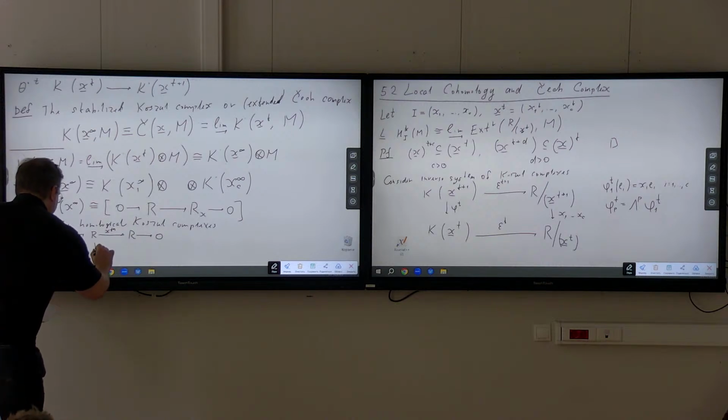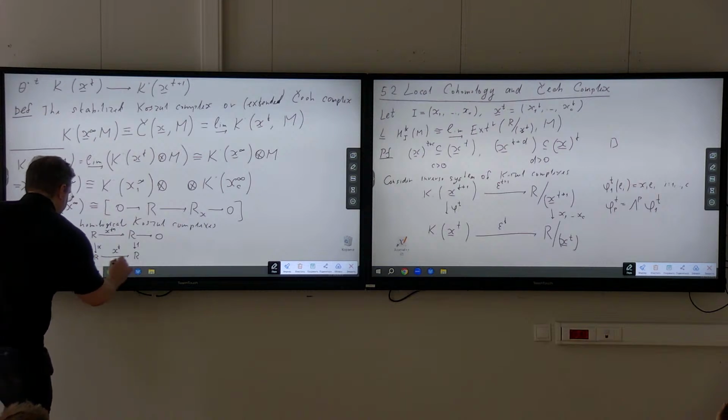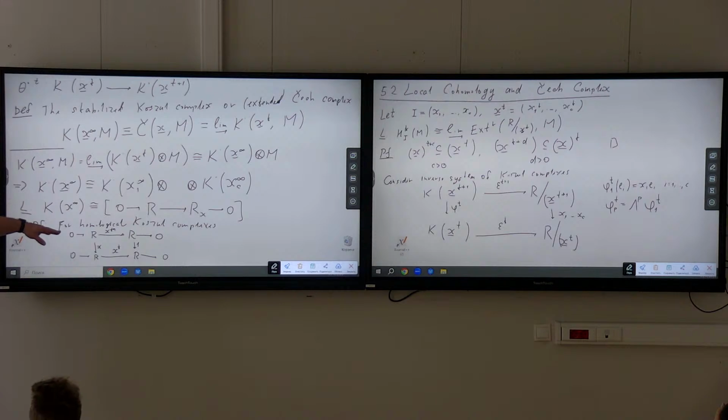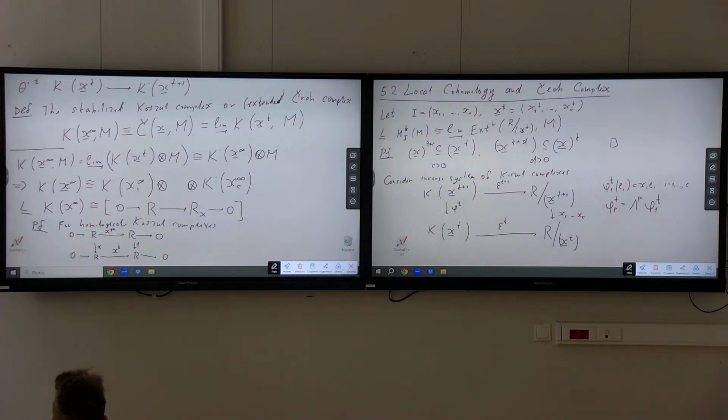Now here, this is multiplication by x, and here multiplication by 1. I'm just writing two Koszul complexes, for x to the t plus 1 and for x to the t, and the corresponding maps phi. So this is phi 0, and phi 0 is 1. Why is phi 0 equal to 1?